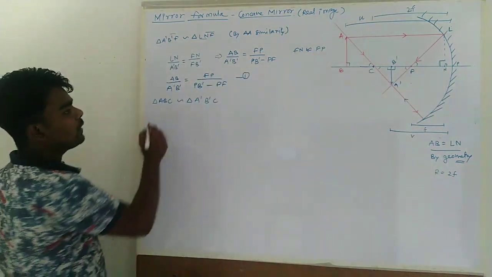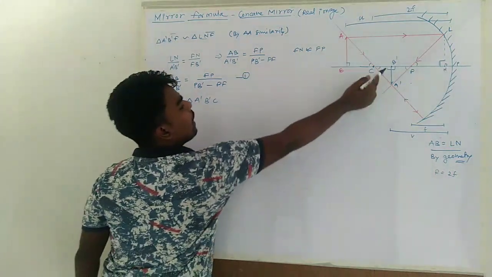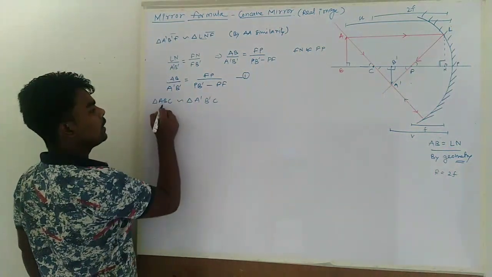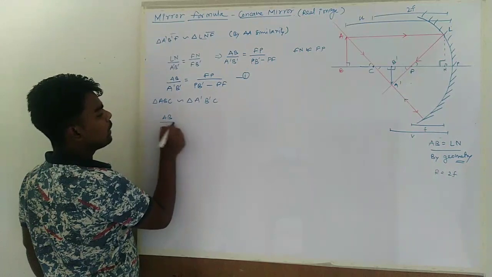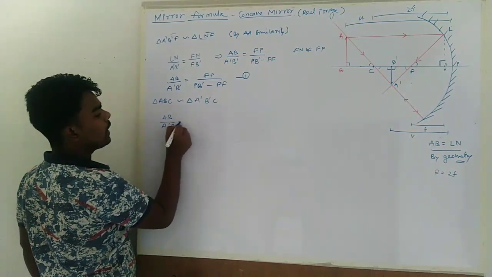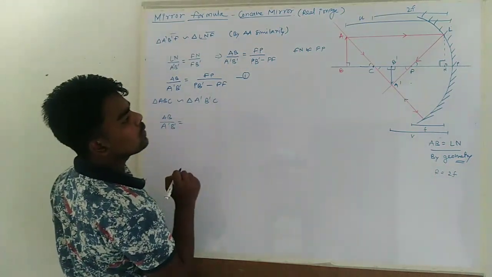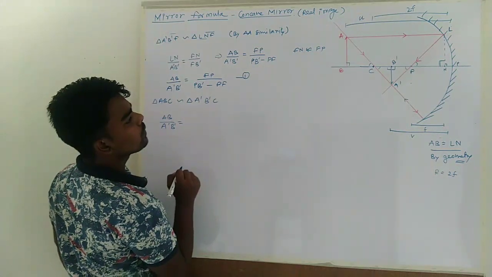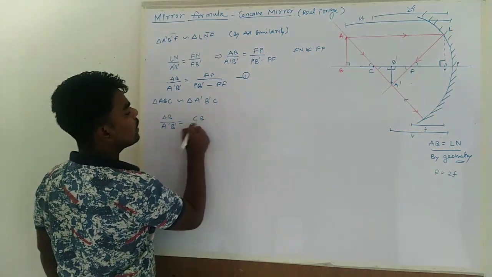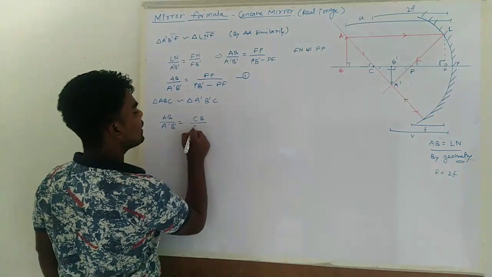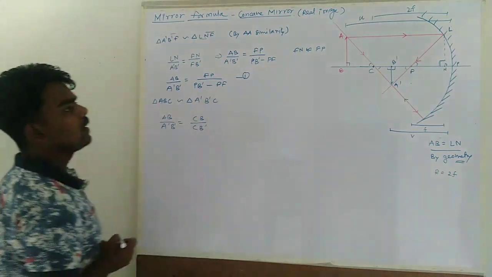Okay, so by this what can we write? AB by A dash B dash can be equal to CB upon CB dash.